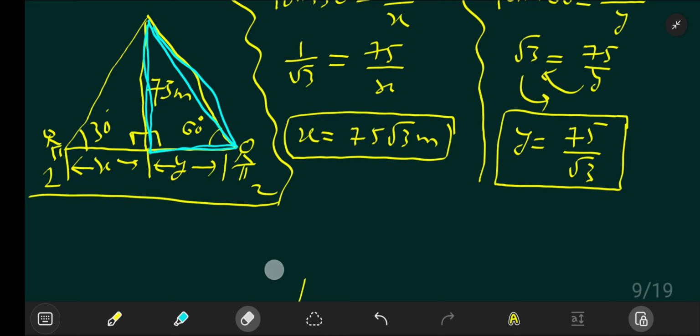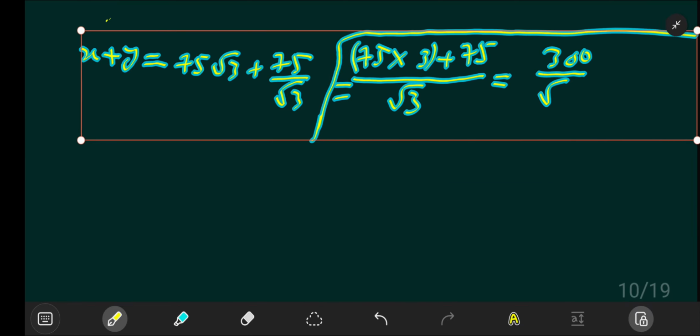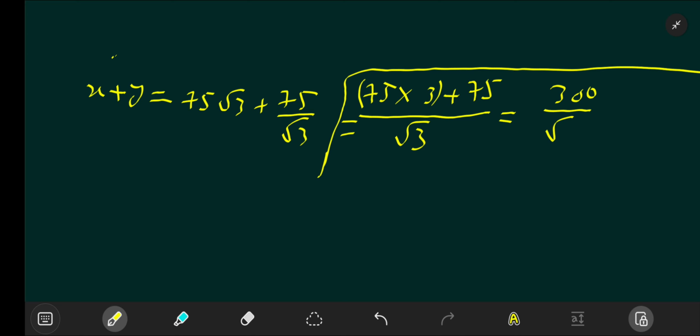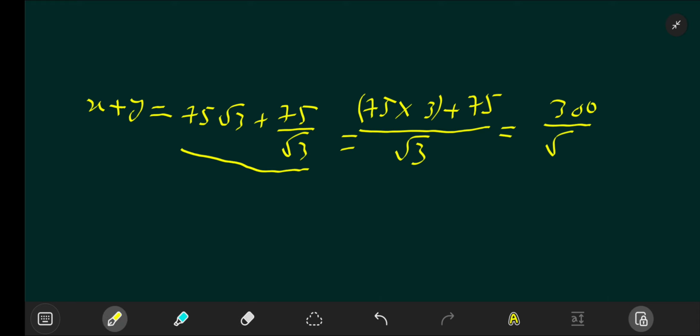Okay, I will do this solution in the next page. Now here we are doing x plus y. x plus y is equal to 75 root 3 plus 75 by root 3.